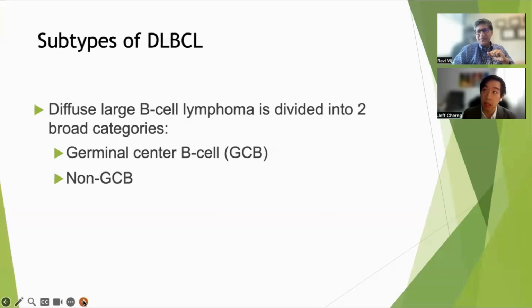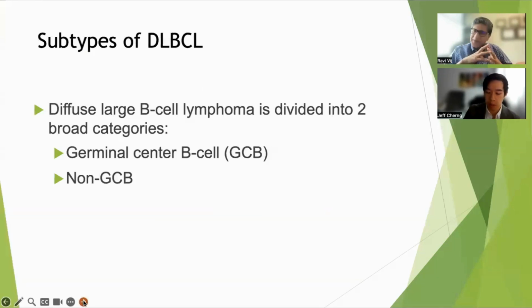So since around 2000, we've understood that diffuse large B-cell lymphoma is quite a heterogeneous disease entity and can be divided into two categories by their putative cell of origin subtype.